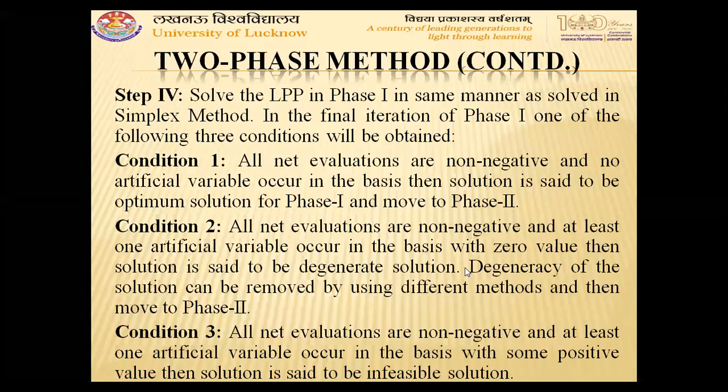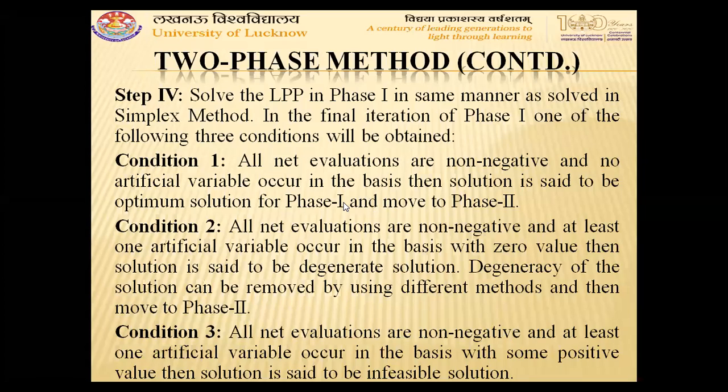In the first condition, we obtain that all net evaluations are non-negative and no artificial variable occurs in the optimum basis, which means that our solution is optimum. That means in XB there is no artificial variable, or you can say there is no Ai, then we say that our solution is optimum.